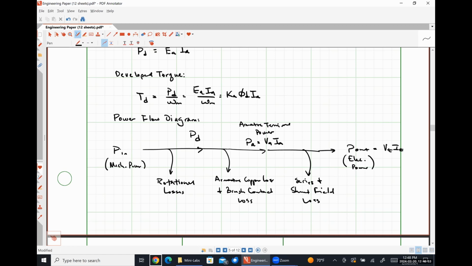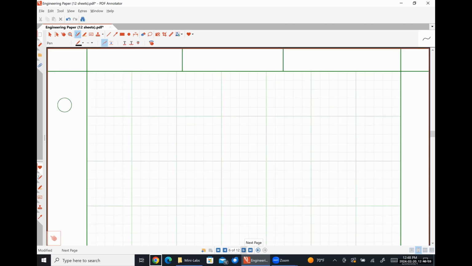And we're going to go through effectively the same thing here for motors. So starting with our separately excited DC motor.